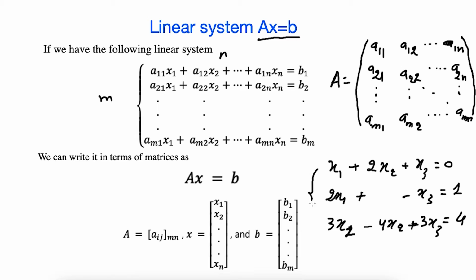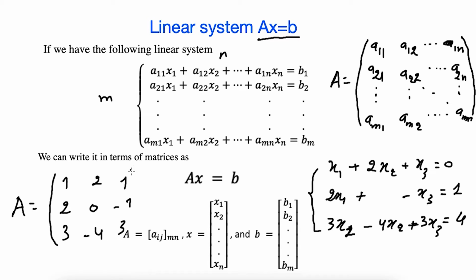When we have this linear system, we can represent it with A equals the matrix with rows 1, 2, 1, and 2, 0, minus 1, and 3, minus 4, and 3.